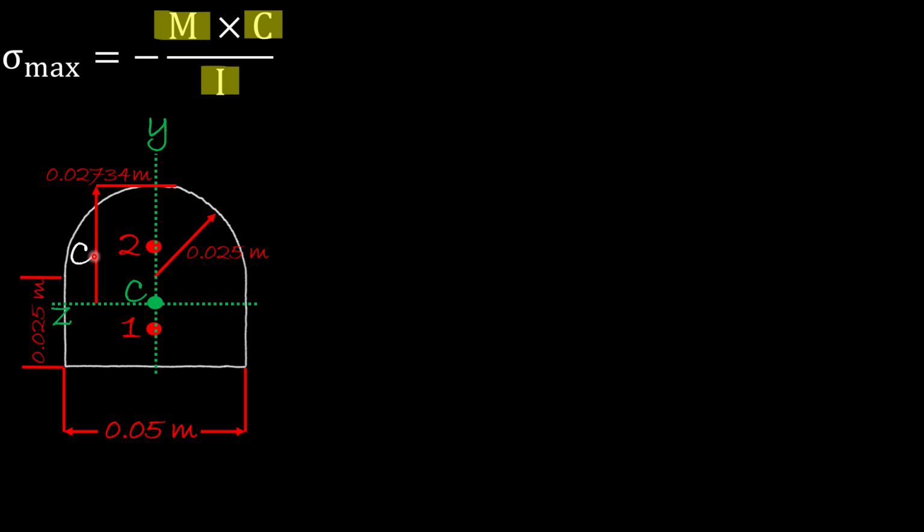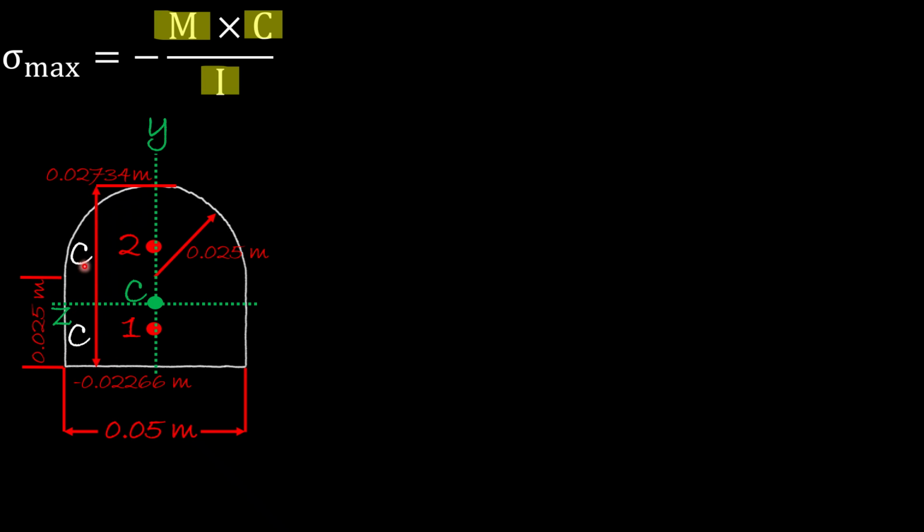That will be a C value. And another C value is from the center all the way to the bottom toward the minus y axis, which gives us minus 0.02266. That is another C value.